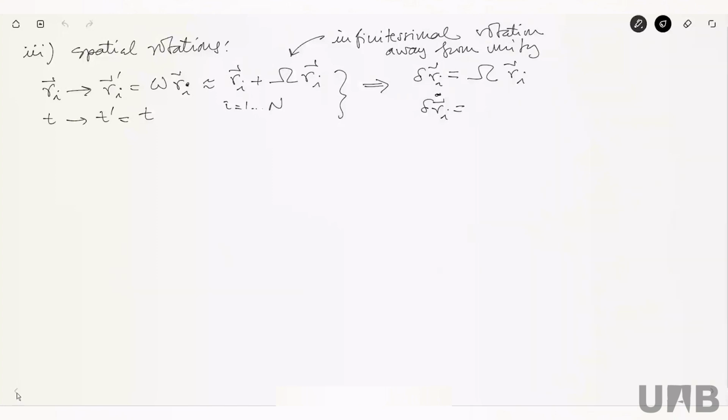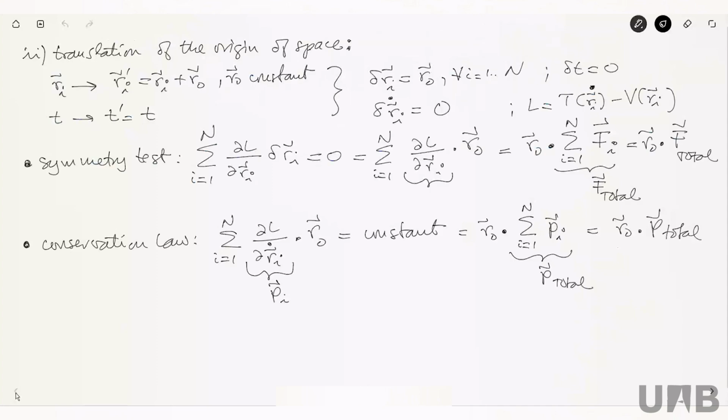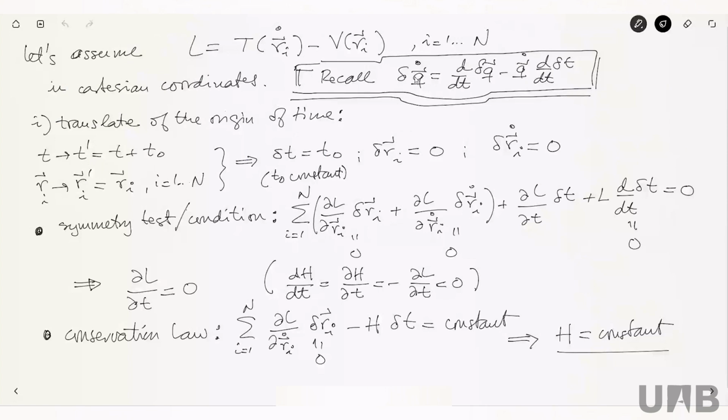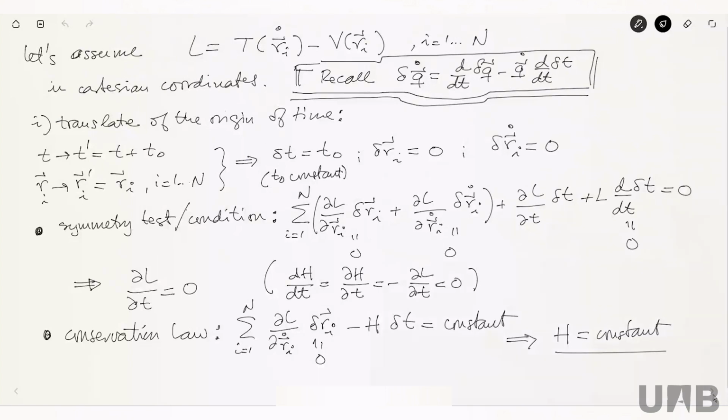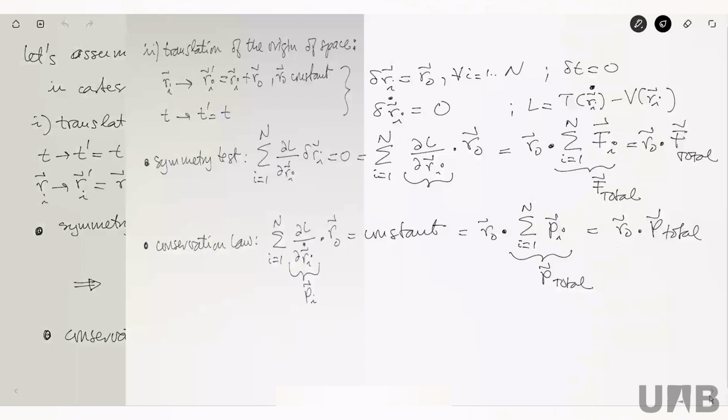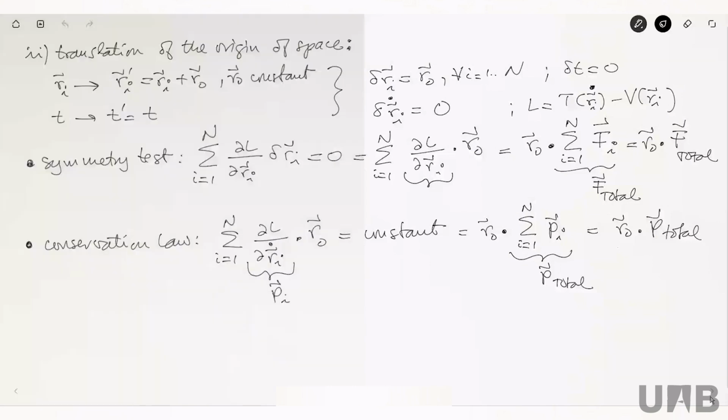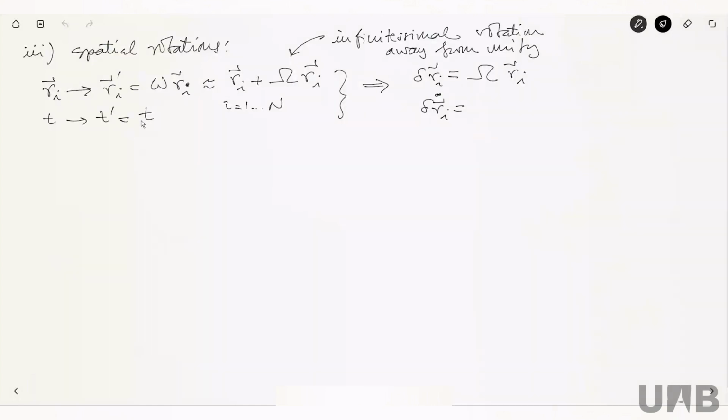So let's go back to the expression that we have here. The variation of r dot is the derivative of the variation of r minus r dot times the derivative of the variation of time. Okay, but the variation of time is 0 because time doesn't change. So this is omega times the derivative of this thing, with the same omega. All right, so again, symmetry test.